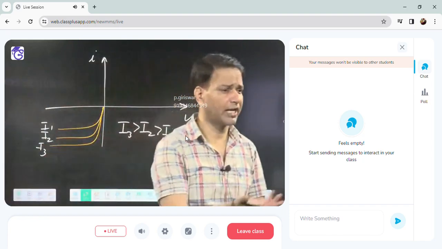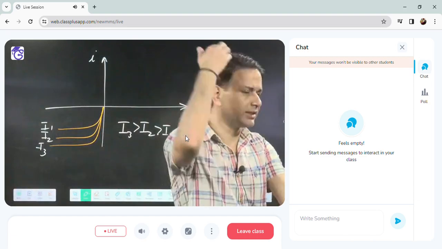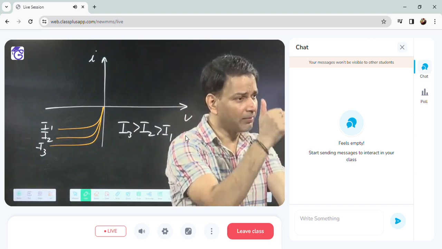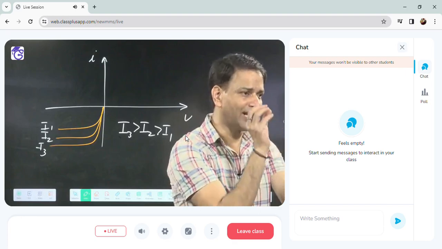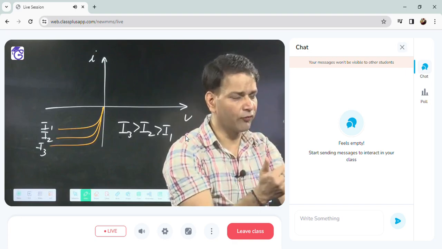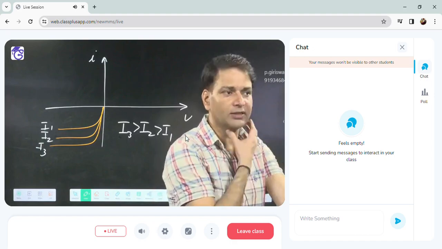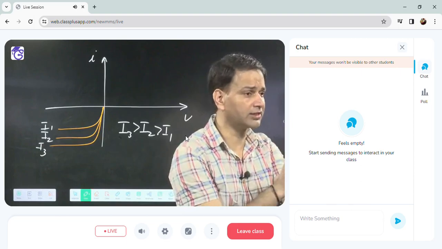Okay, one question I have discussed there. I have given the incident lambda, the optical signal wavelength, and I'm asking which photodiode will detect that signal. So when they give the wavelength, first find the energy of the photon by 12,400 by lambda. You got the energy of the photon. Now check in which case the energy of the photon is greater than the energy gap.